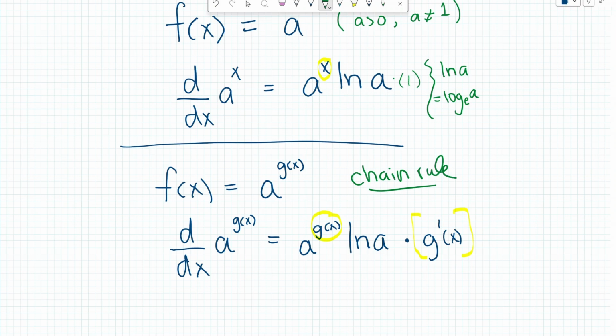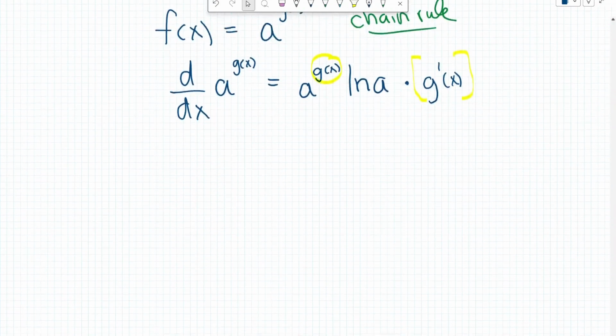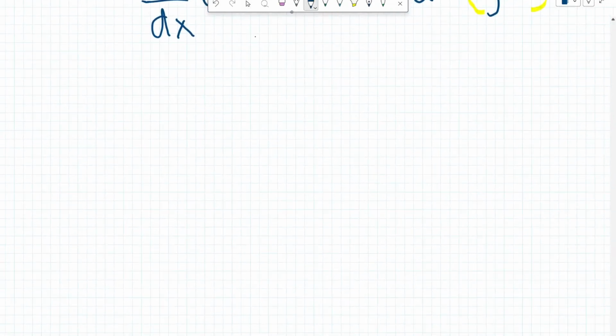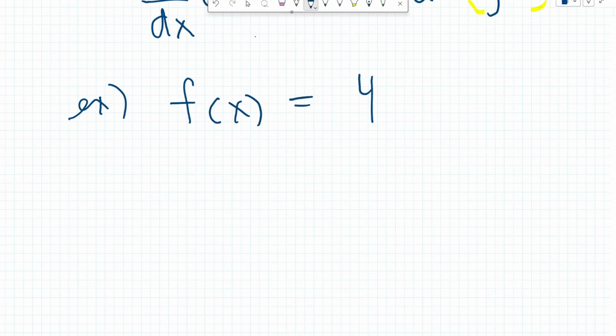Okay. Let's go ahead and look at an example so we can see this new rule that we learned in action. We have a function f of x equals 4 to the power of x squared plus 1. Whenever you encounter a new problem, I want you to think about what you're dealing with. First thing you say to yourself is, I have an exponential function. The base of my function is 4, and then you can think of what your exponent is.